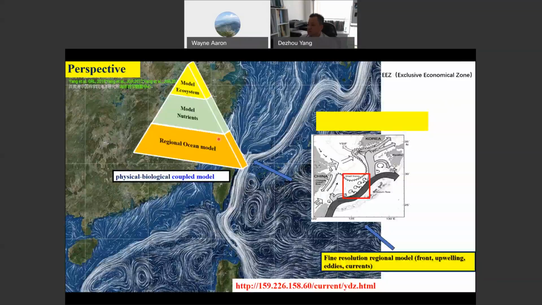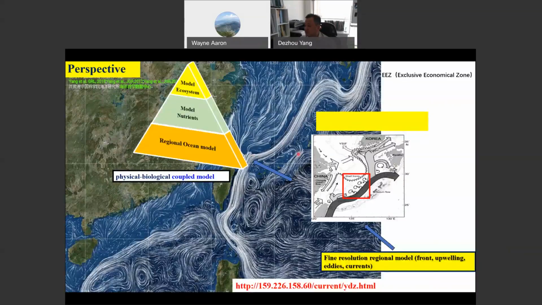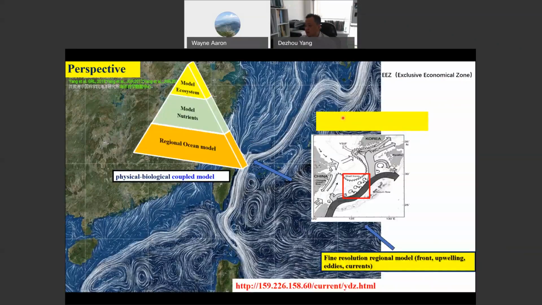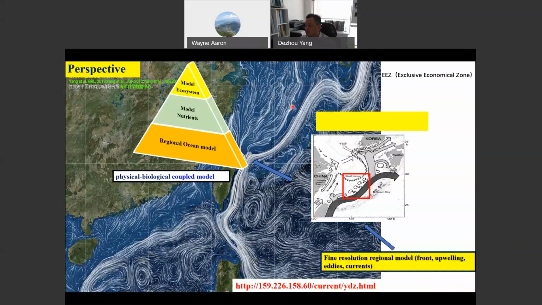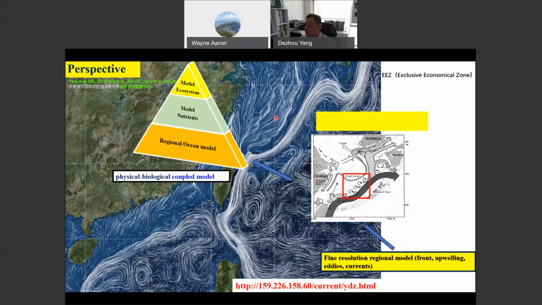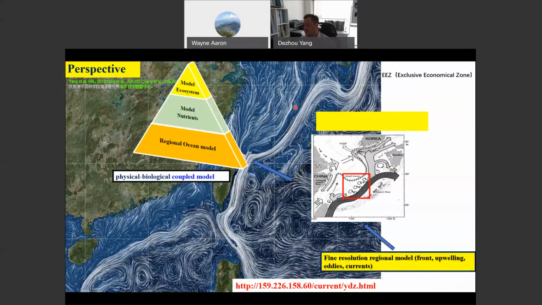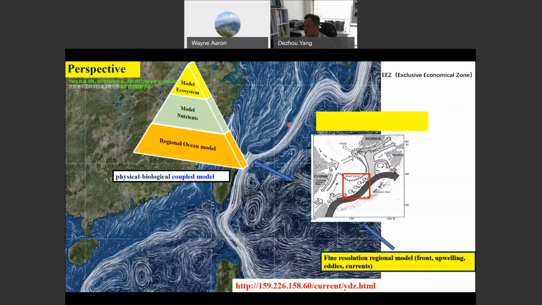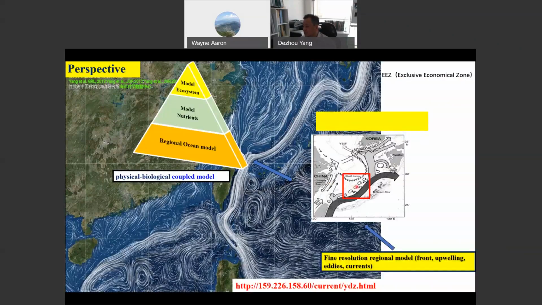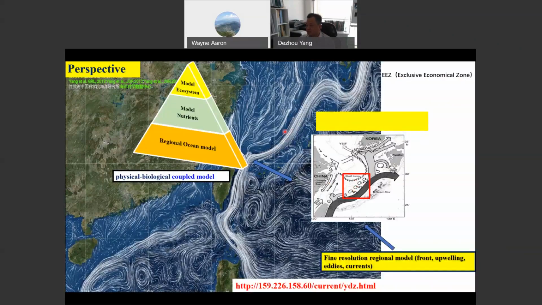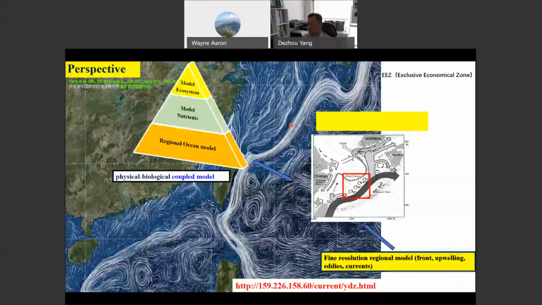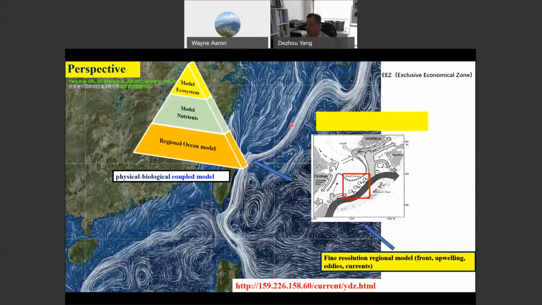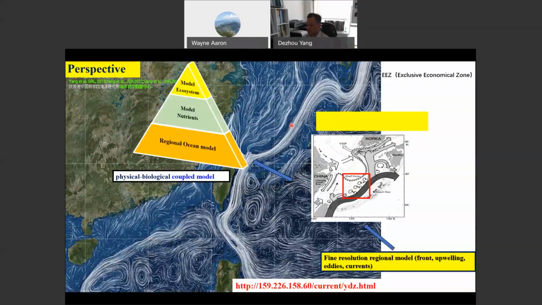Actually, in this area there is an EEZ, the exclusive economic zone. Our research vessel often cannot reach this area. But there is a very interesting phenomenon, such as fronts and eddies, which could influence the boundary current, and the water and nutrient exchange between the boundary current and the continental shelf.